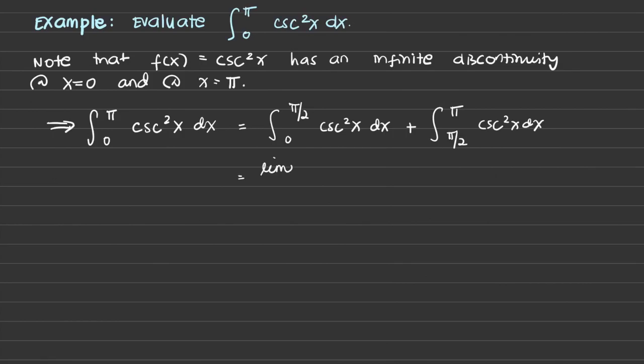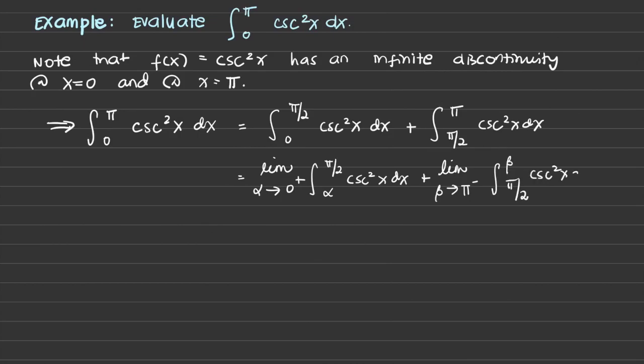So, let's have the limit as, say, alpha goes to 0 from the right of the integral of cosecant squared dx from alpha to pi over 2. And then, the same for the next. It should be different, though. So, we have the limit as, say, beta goes to pi from the left of the integral from pi over 2 to beta of cosecant squared dx.